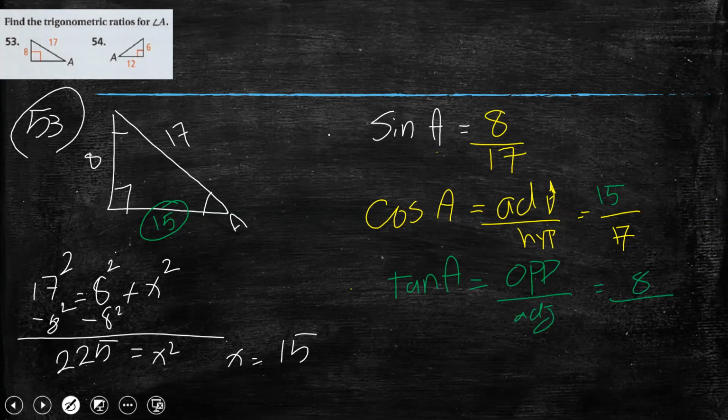Adjacent, 15. So it is 8 over 15. Is it clear? Yes, teacher.